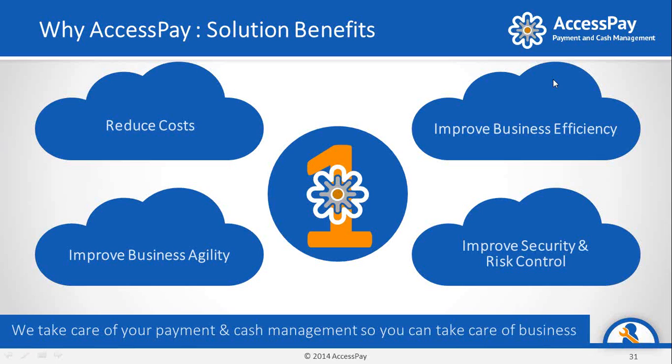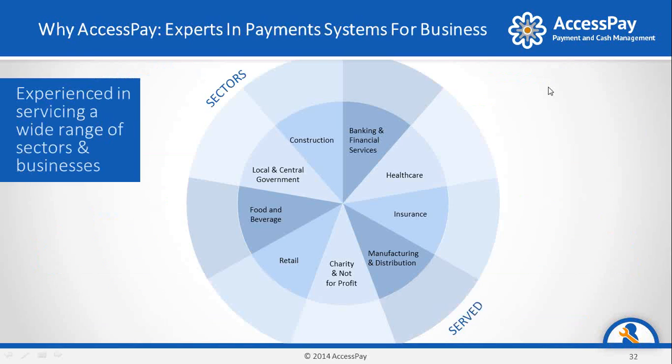We have a lot of security in our data centers, and we follow a lot of risk control procedures because we are regulated by the FCA as well. In terms of improving business agility, we also provide agile solutions.